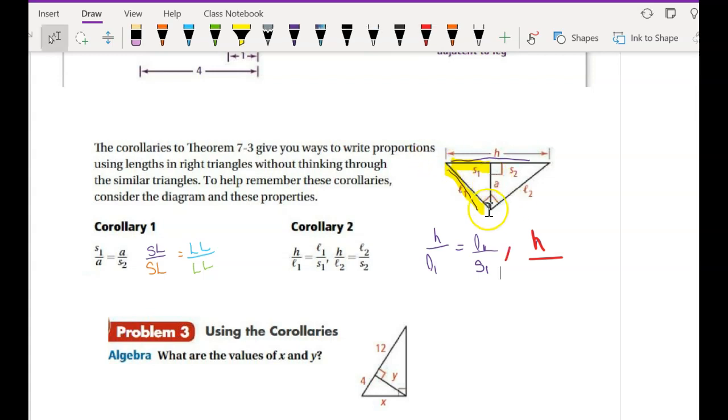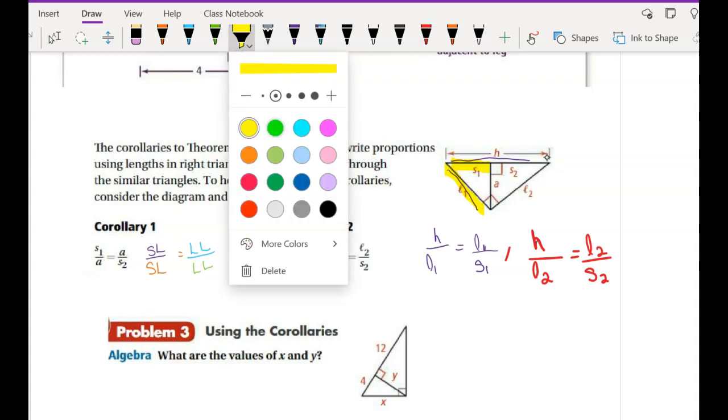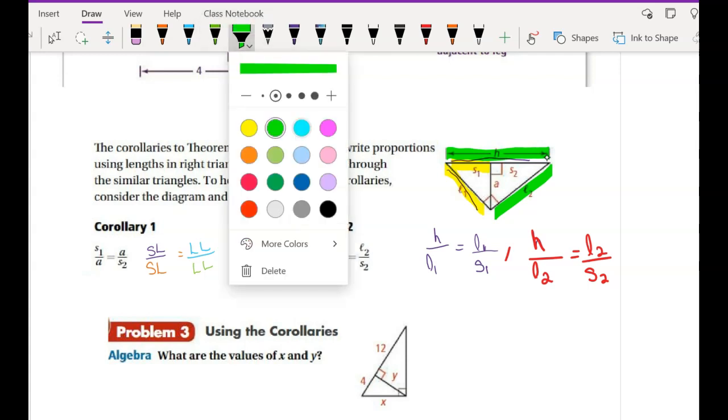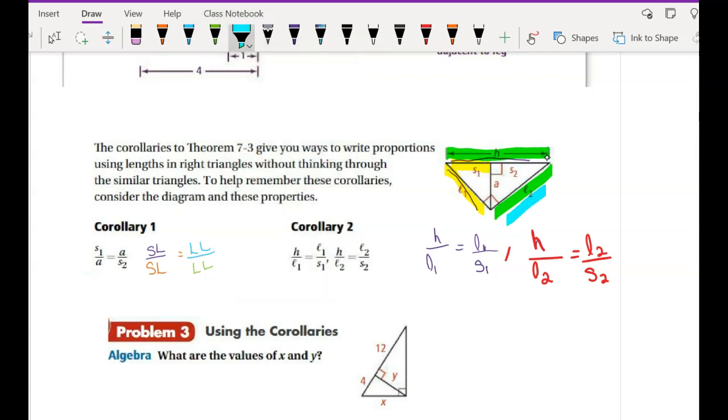So that's going to go to L2 is equal to, we're going to say the leg to the leg. So H to L2, and then from L2 to S2.